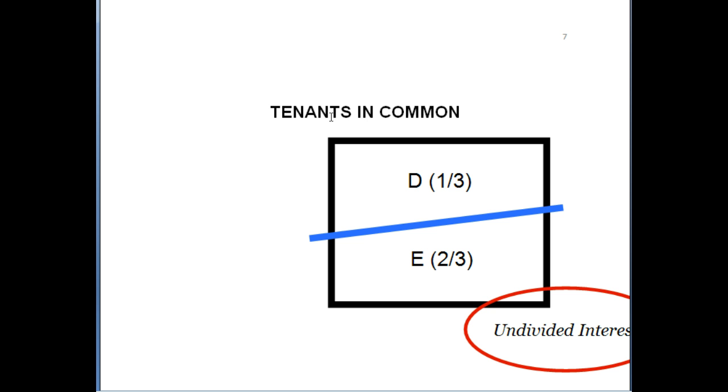Now, let's say that D has a 1/3 interest and E has 2/3 interest. Well, D's 1/3 interest at death is what is included in D's estate when there are tenants in common. The 1/3 interest might carry a discount, such as a minority interest or possibly a lack of marketability discount.